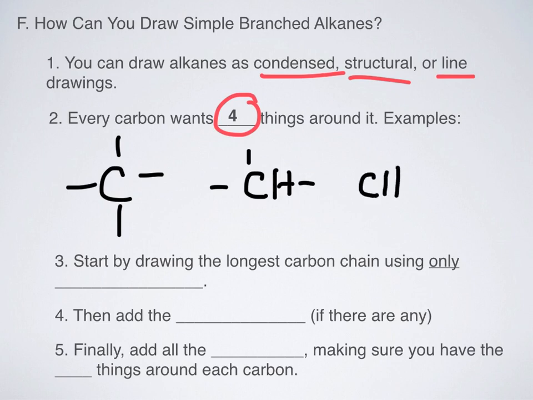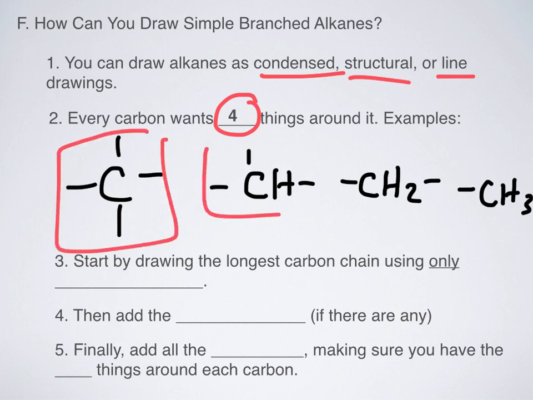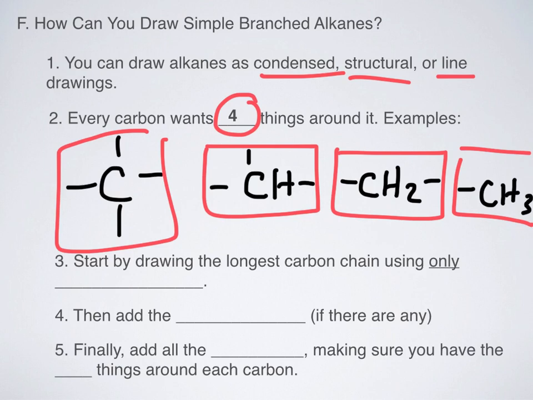If you have CH2 now, you can only have 2 other things around it because you have 2 hydrogens as well. And that's why we always see CH3s at the end of a side chain or at the end of a longest carbon chain because you're limited. You can only bond to 1 more thing. So these pictures are kind of the important parts of being able to draw simple branched alkanes.